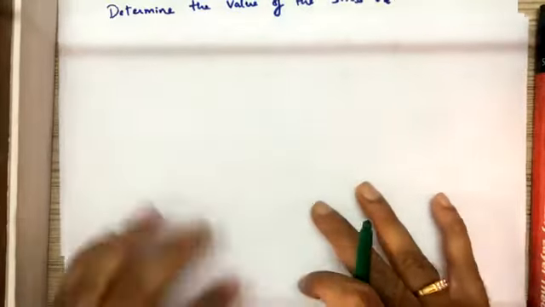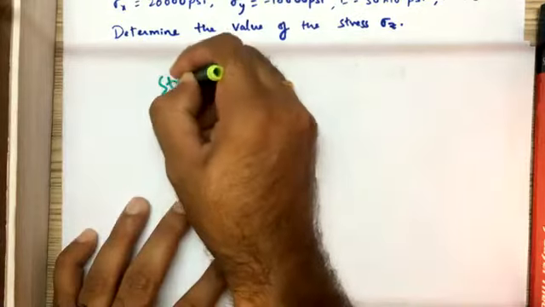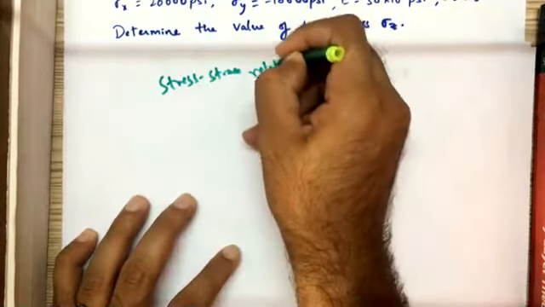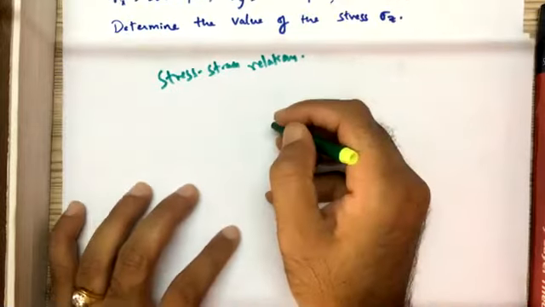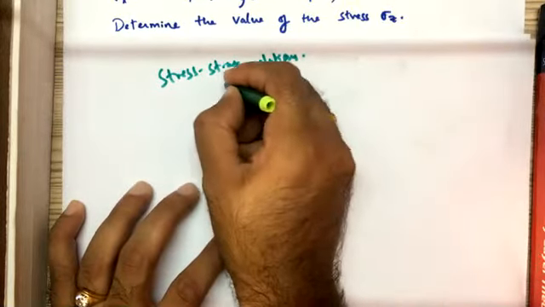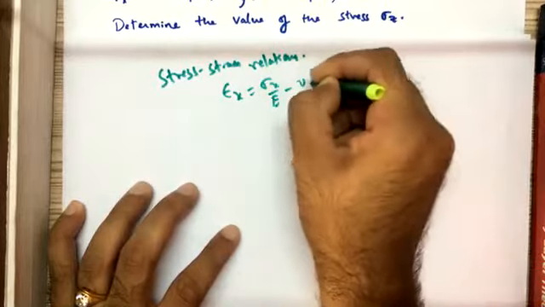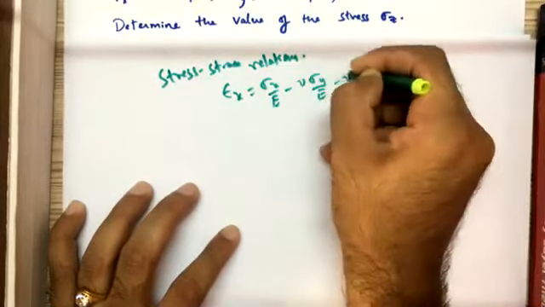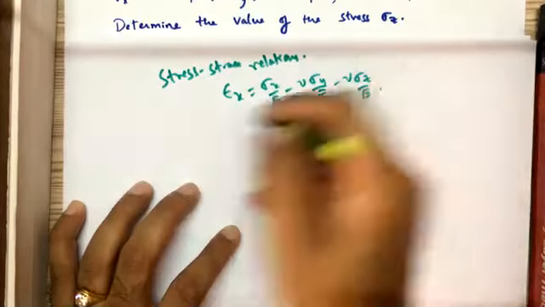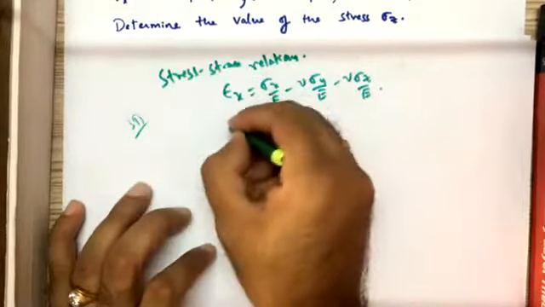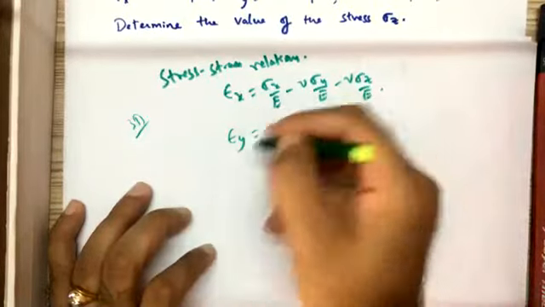Okay, so let us go to the stress strain relations. What are the stress strain relations? Epsilon x is equal to sigma x by E minus nu sigma y by E minus nu sigma z by E. I'm just writing it for the entire 3 dimension, and later on we can convert it.